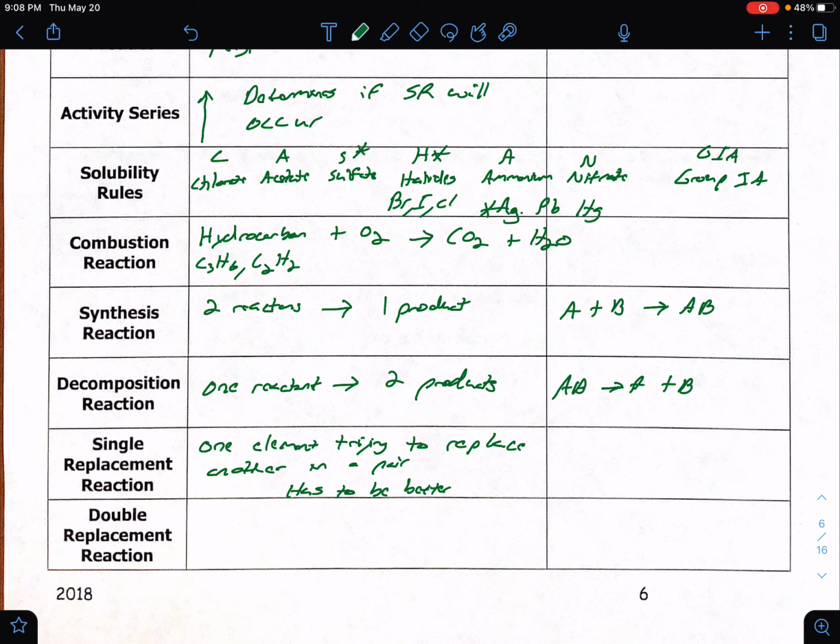So you'd look on the activity series, and if it is higher up than what it's already bonded with, then it will take its place. So this would be something like A plus BC gives me AC plus B. So this reaction actually happened. So remember, if A is not better than B, C is not going to dump B just for no reason. So this would be a no reaction.